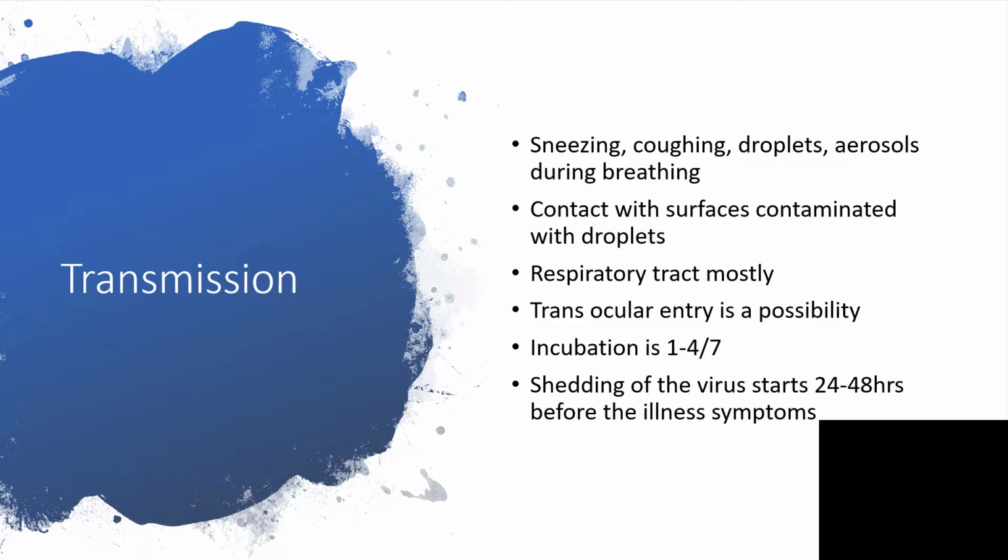So you can see how horrible the transmission could be. 24 to 48 hours before the onset of signs and symptoms, transmission had already occurred because the shedding had started before then.